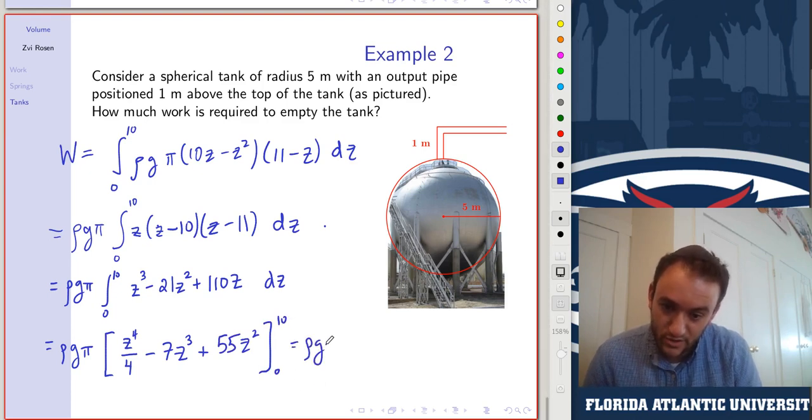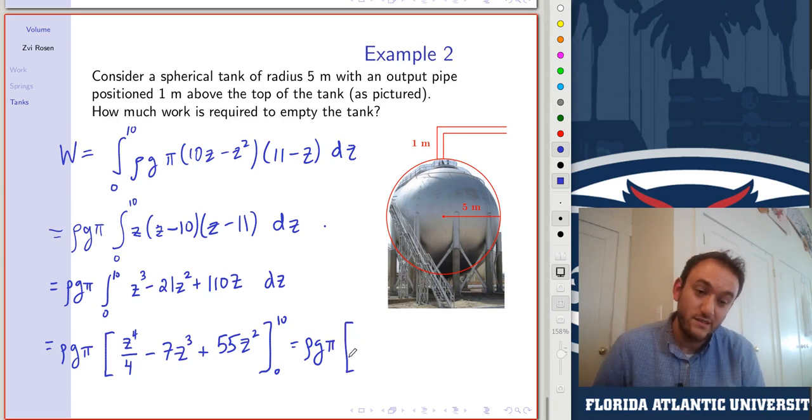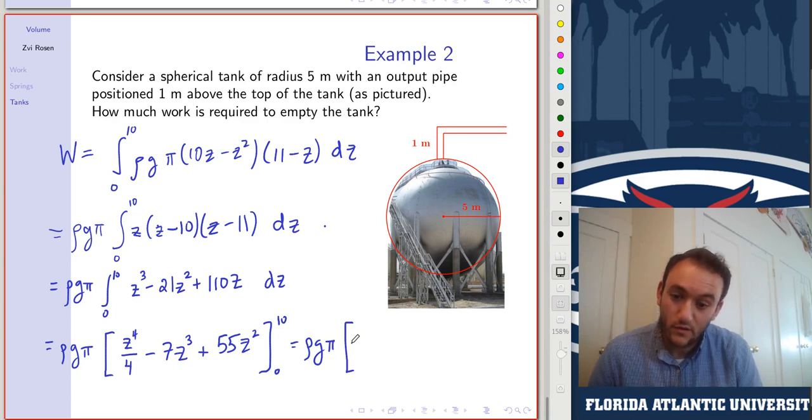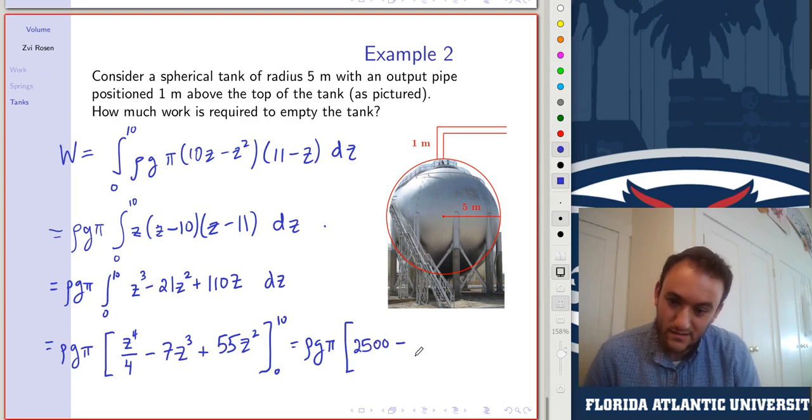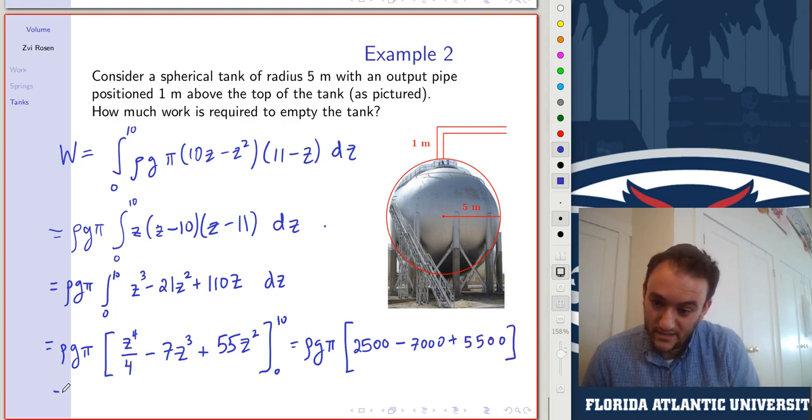That gives us rho g pi times 10 to the fourth over 4, which is 2,500, minus 7 times 10 cubed, which is 7,000, plus 55 times 10 squared, 5,500.